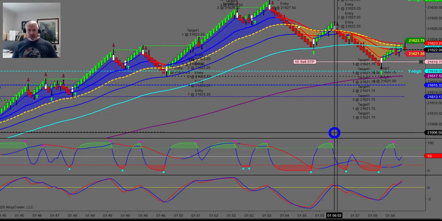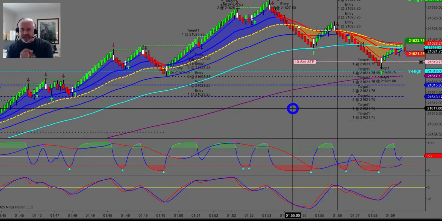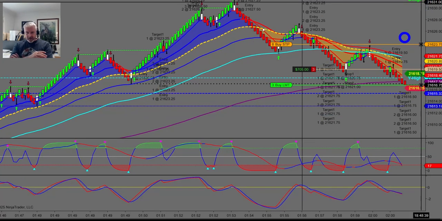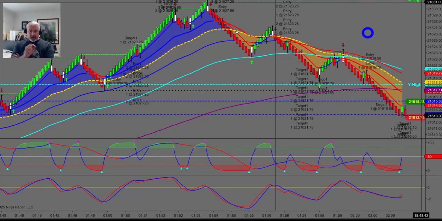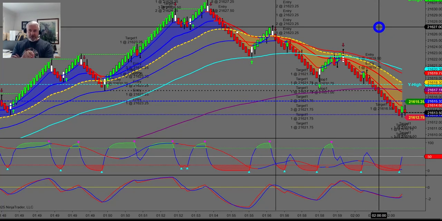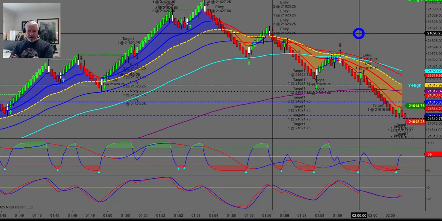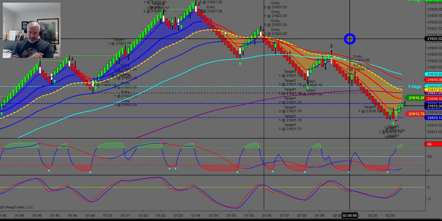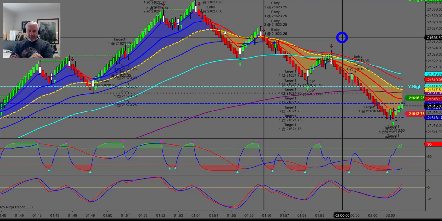Now here I've got an order in to sell again. Now this is a trend following strategy. See how we've now got the orange cloud. Now see that speed, that actually happened that quickly, and this with the NQ, as it can happen. Fortunately it doesn't happen all the time.